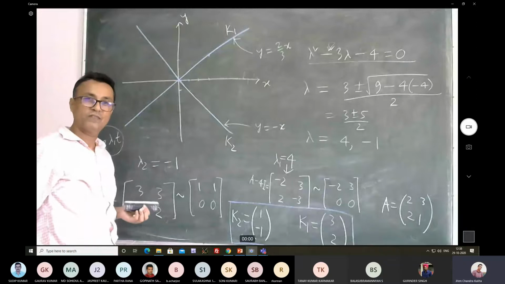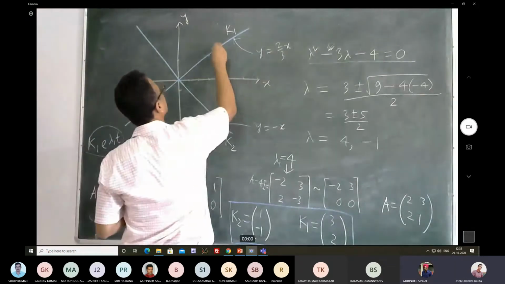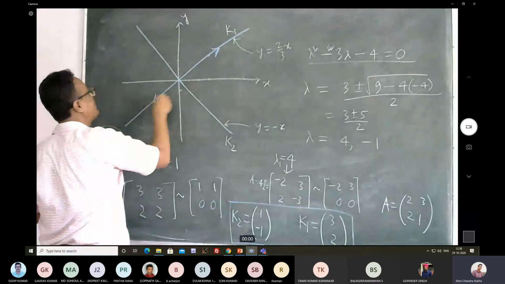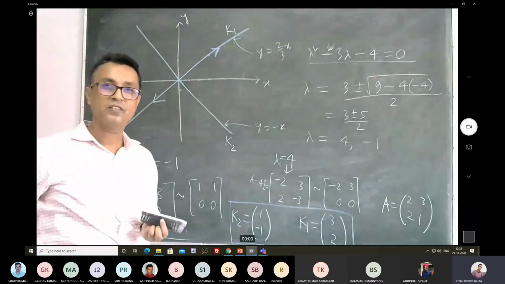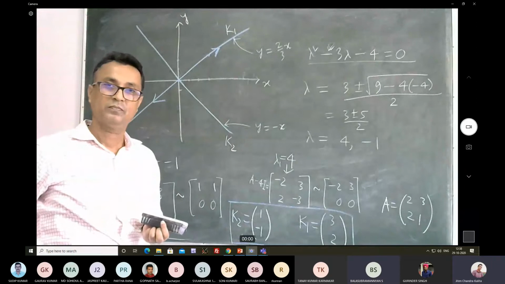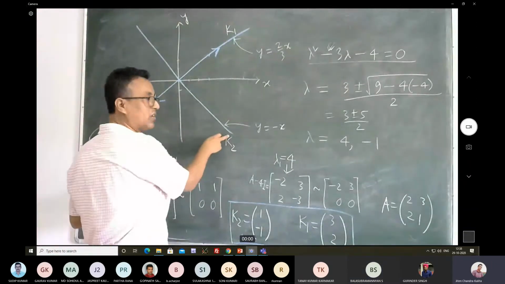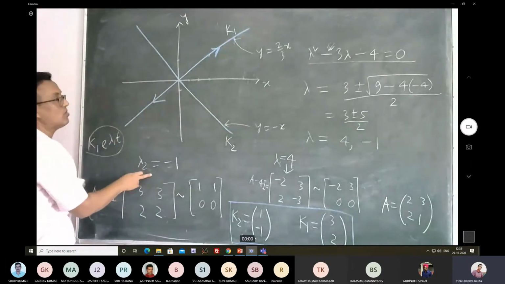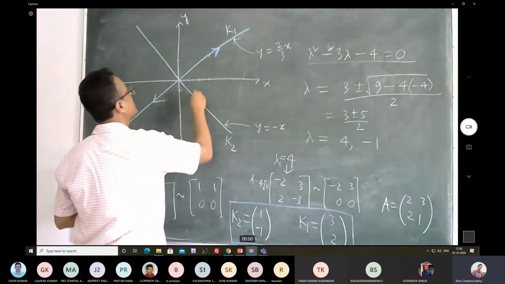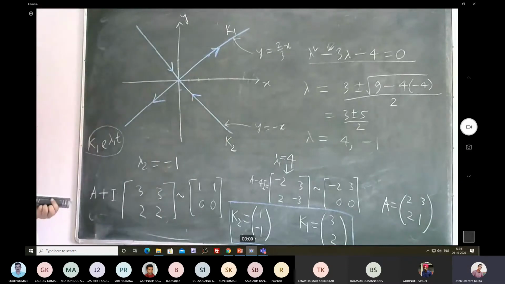So it is going to be something like this. Similarly for K2, because K2 is associated with a negative eigenvalue, it is going to be something like this. Is it okay?